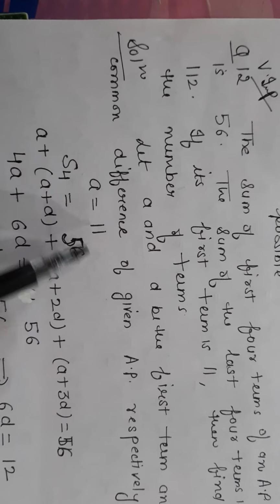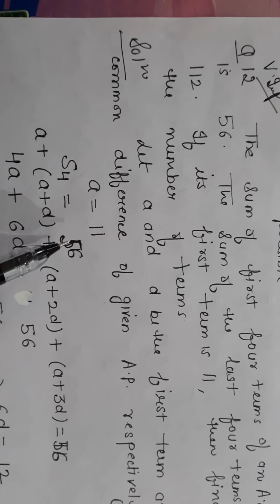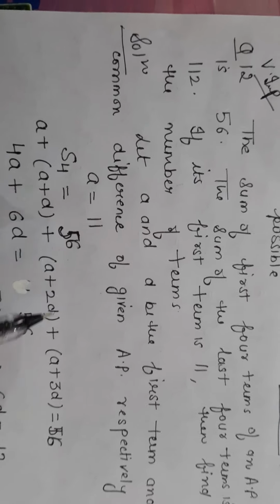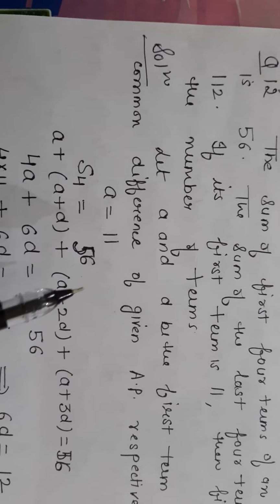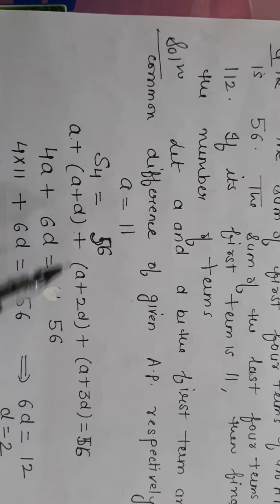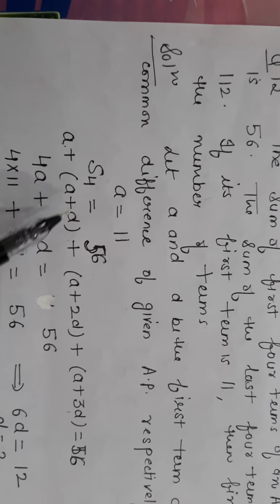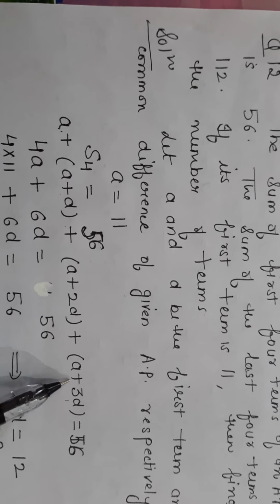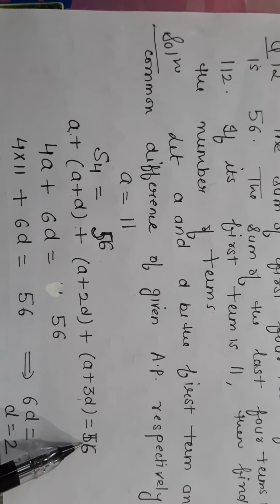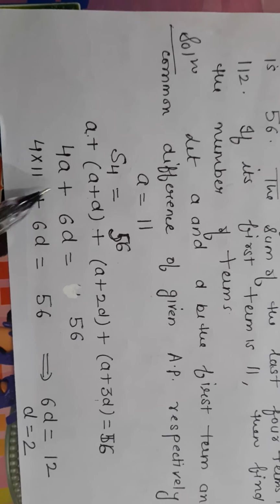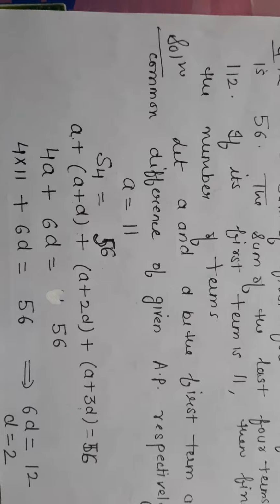You are given A is 11 and the sum of first 4 terms is 56. Either you can apply the formula of sum of n terms, that is n by 2 into 2a plus n minus 1 into d, or you can directly substitute the values of first 4 terms. If first term is a, second will be a plus d, the third will be a plus 2d and the fourth is a plus 3d, sum is 56. So 4a plus 6d is 56, a is 11. From here you will get d is equal to 2.